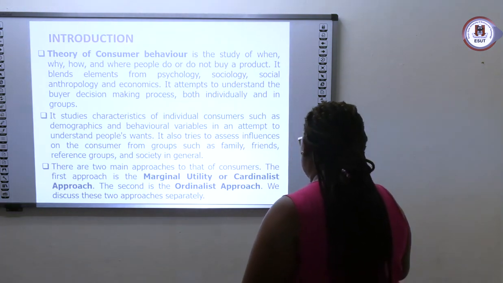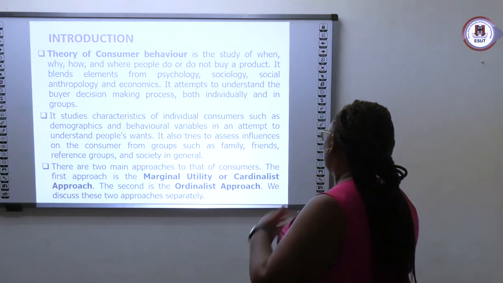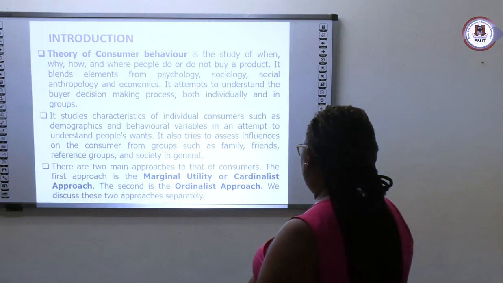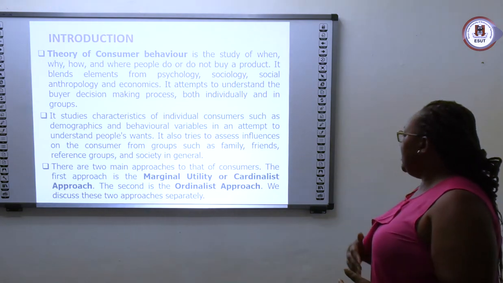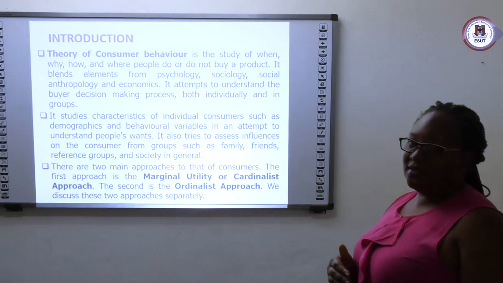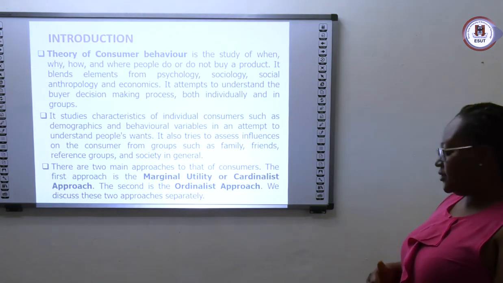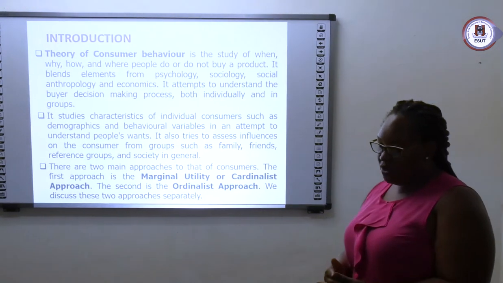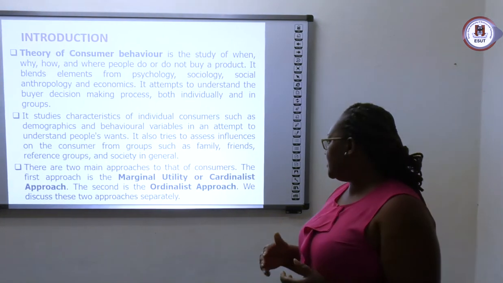From the ordinalist approach, the ordinalist asserts that utility is not measurable. Instead, they introduce a tool called the indifference curve. An indifference curve shows the combination of two commodities that gives the same satisfaction at the same time.